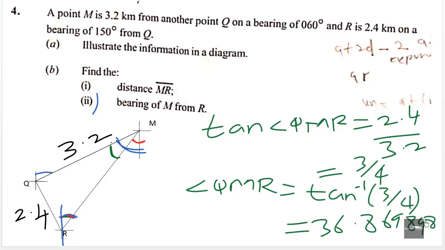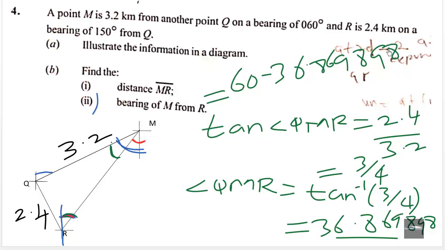So to find this angle over here, we take this angle from 60, and that will give us the bearing of M from R to be equal to 60 minus 36.869898, and that will be equal to 23.13 to 2 decimal places.